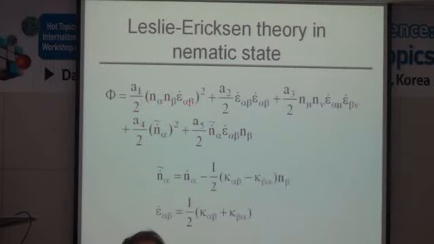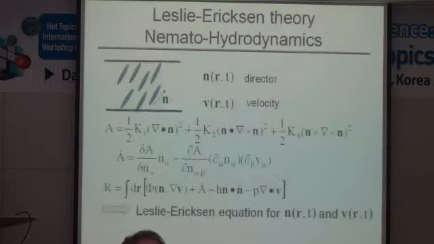Epsilon dot is the symmetric part of the velocity gradient, the time derivative of the strain tensor, and n dot tilde is given by this expression. So this is an expression for the energy dissipation function.